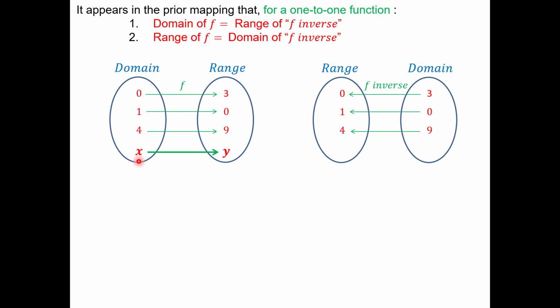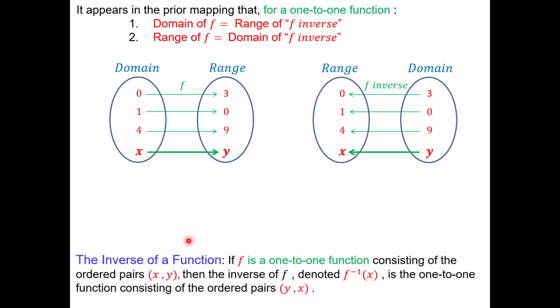And so in general, we used to have that x gets plugged in, y comes out. And so now we think of y getting plugged in and x coming out. The inverse of a function, so here's our definition. If f is a 1-to-1 function, so this has to be true. Everything we basically just talked about was just so I can say this part of the sentence.